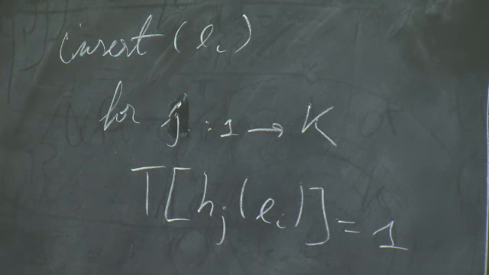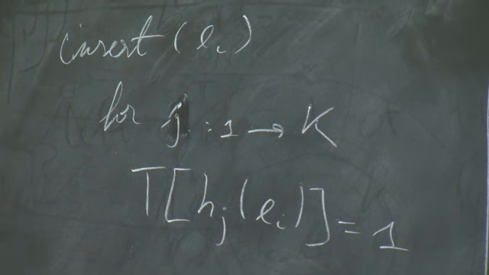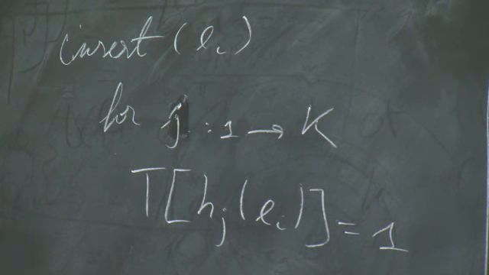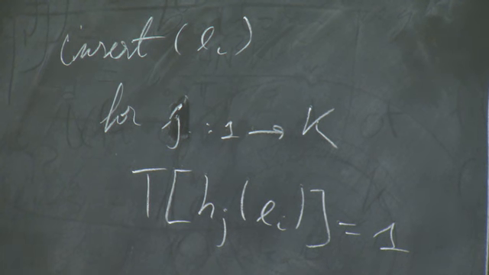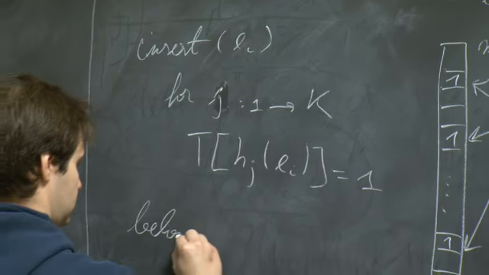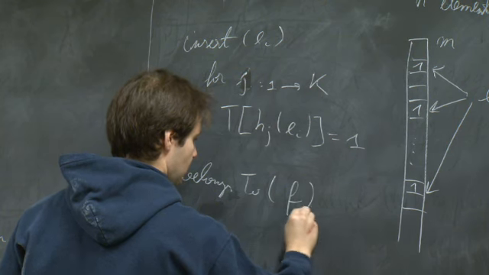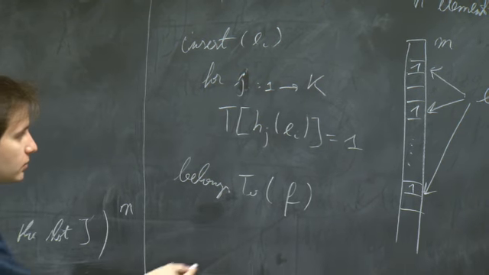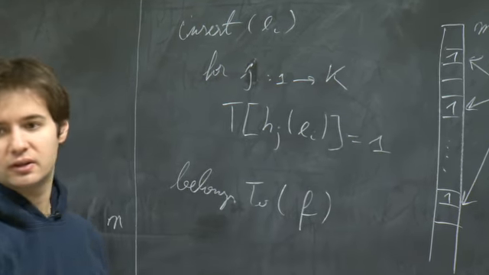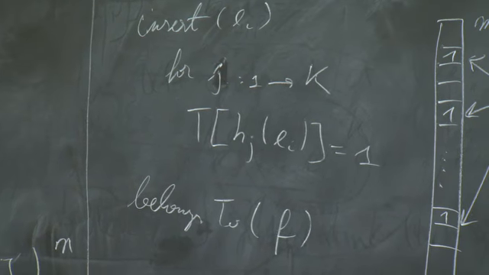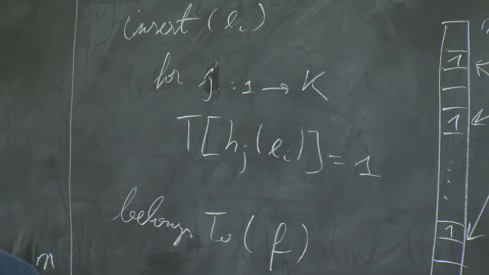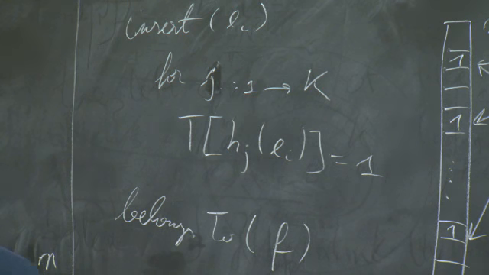Now, how do we check if an element is in the table? Since for every element we set all the corresponding k bits to 1, when we have a new element, we're going to compute the k positions. And if any of them is a 0, then we couldn't have possibly put that in the table.